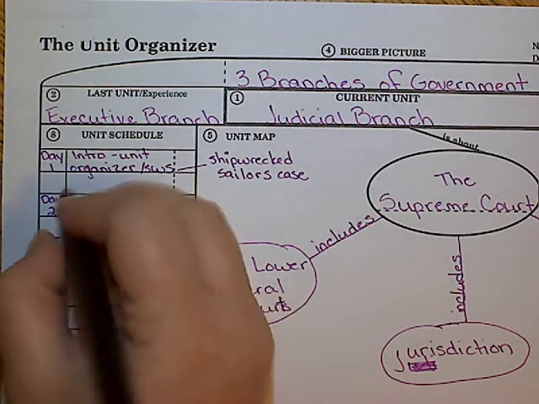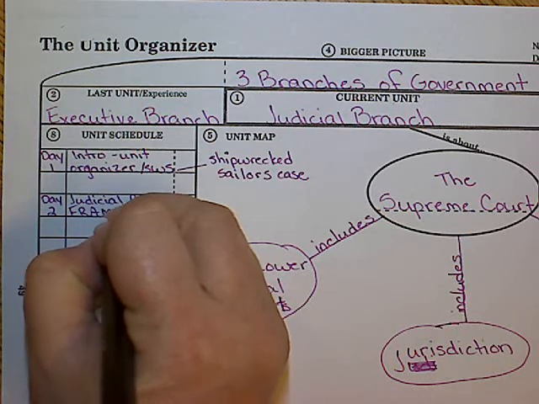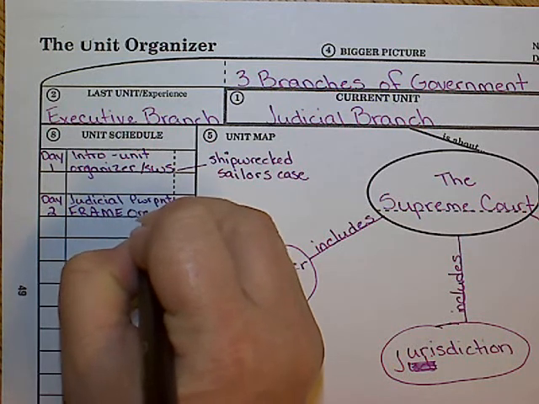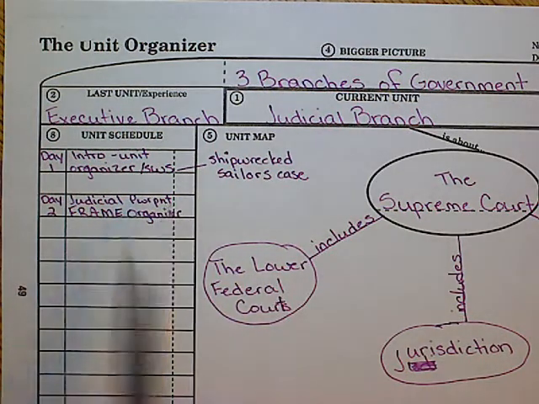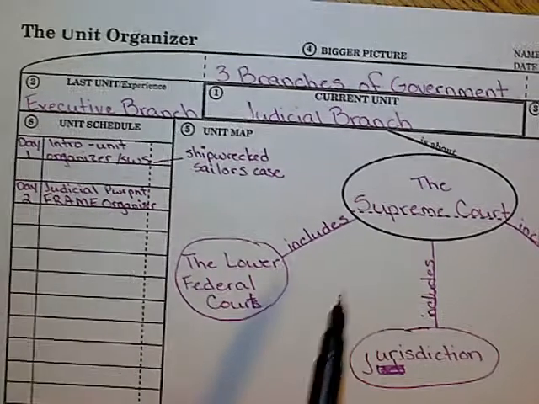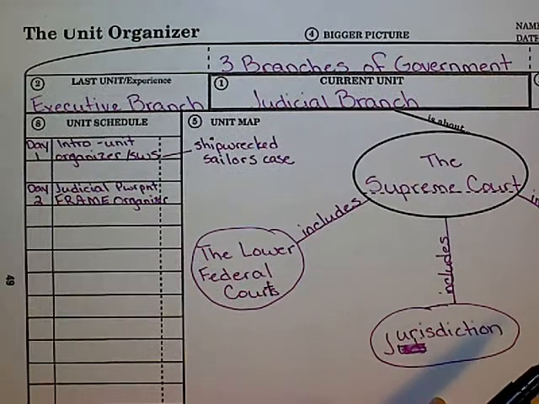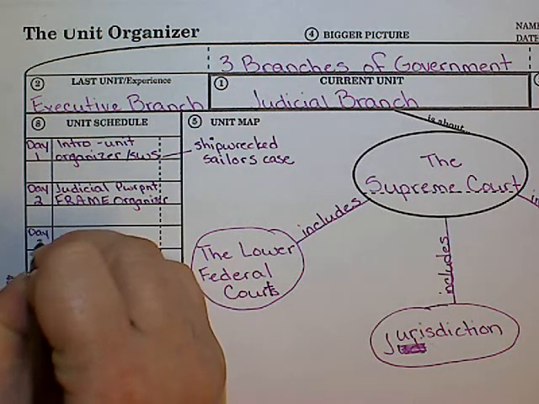And we're also going to talk about our frame organizer. So our frame organizer is going to take each individual section and highlight the key points. That'll be an easy study guide for you, so that way you are sure that you get the information you need.